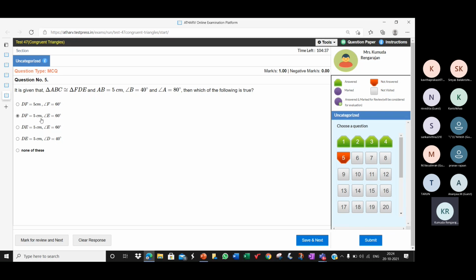DF is 5. We know angle B is 40, A is 80, so angle C is 60 degrees. Angle C corresponds to angle E. C is 60 degrees, that means E is 60 degrees. So DF is 5 and E is 60 degrees is the correct option.